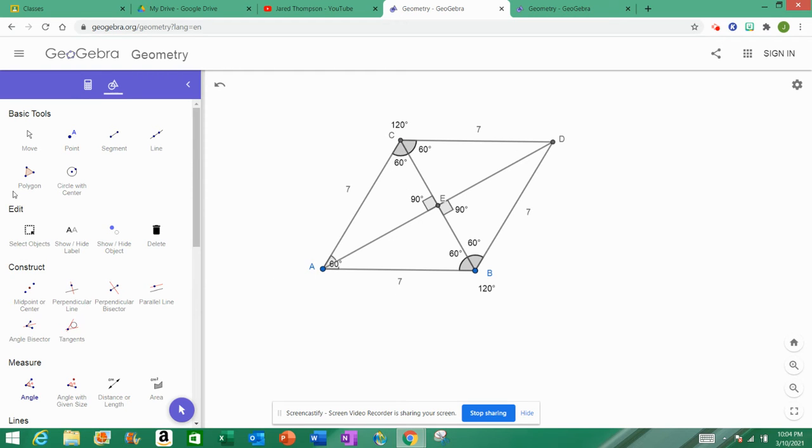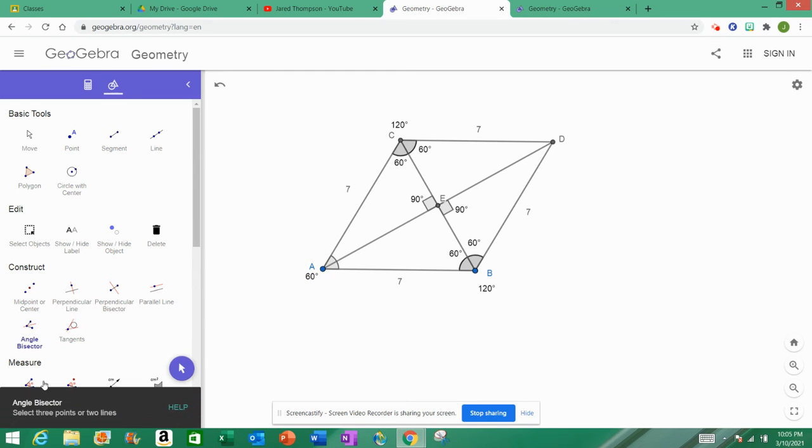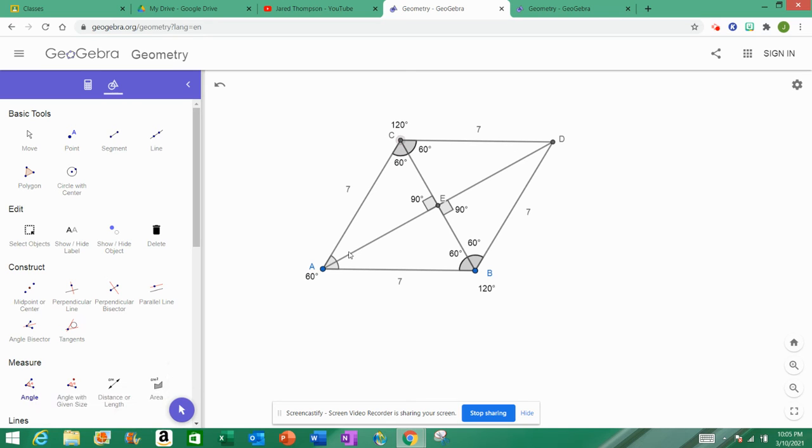Okay, so let me move that, so that the big angle there, the entire angle there, is 60. Oops, wrong one. There we go.